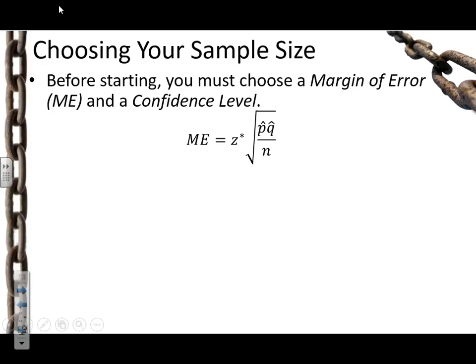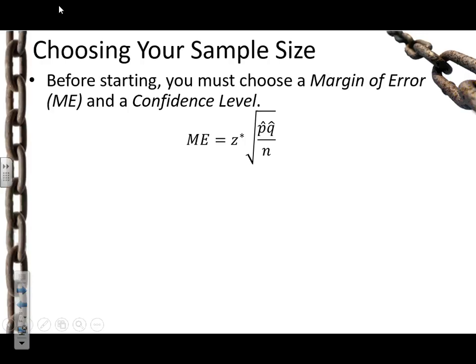So if we're going to try to choose a specific sample size, we're going to have a margin of error in mind. We have to know how close we want to be. And we're going to have a confidence level in mind. We're going to know how accurate we want to be as far as our confidence level. So these two things are going to take care of themselves right off the bat.